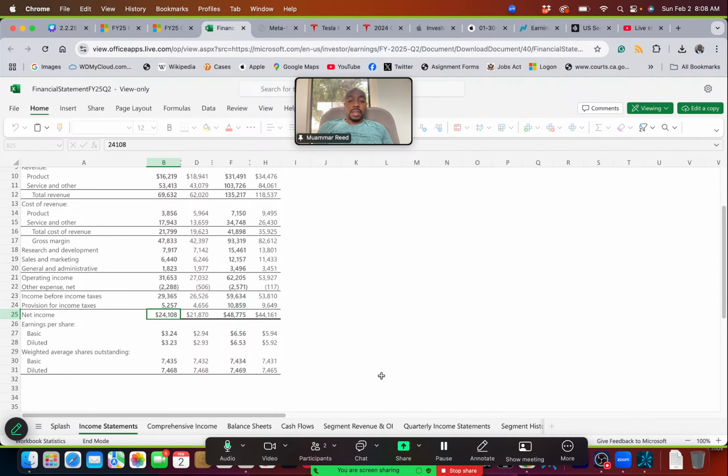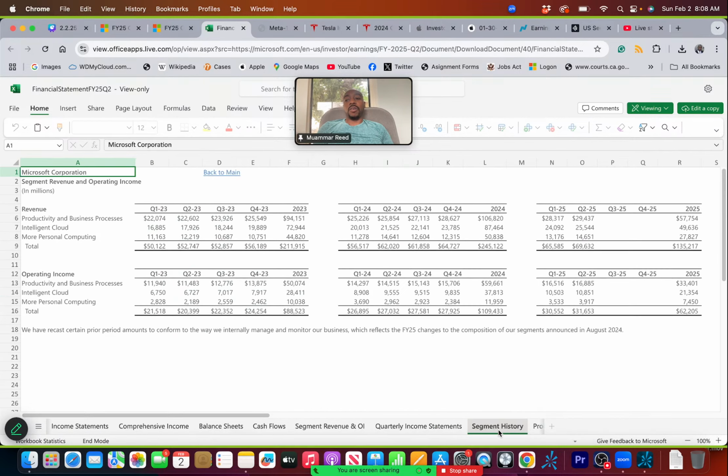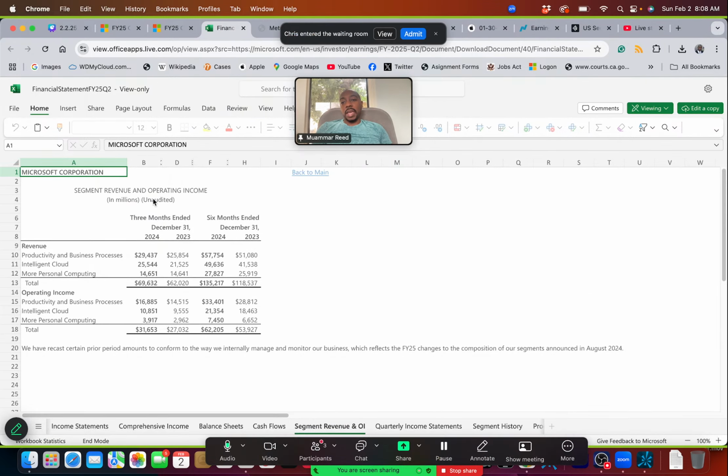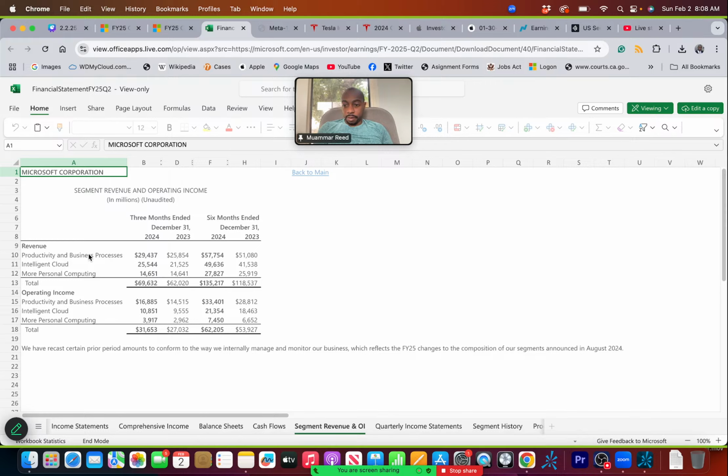Now, one of the things you really need to look at when you're looking at these companies is how are they making money, right? Where is the money coming from? If you're looking at the segment revenue specifically here, the revenue in the productivity and business processes segment increased to 29.4 billion, up from 25.8 billion.